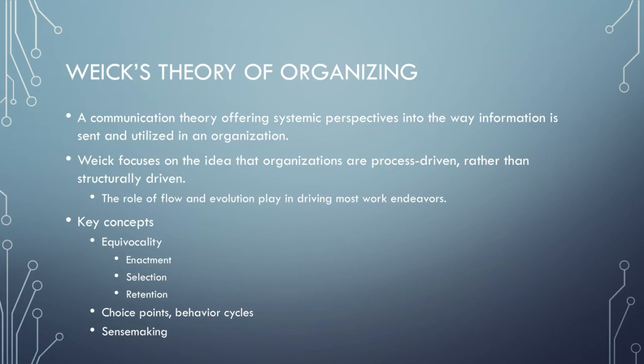Rather, individuals create the environment that confronts them through the process of enactment, being able to look at systematic perspectives into the way that we communicate and the way information is sent and utilized or ultimately disseminated within an organization. So I know there's a lot of information about this theory of organizing, but it's very foundational and pivotal into how we look at organizational structures and communication within an organization.